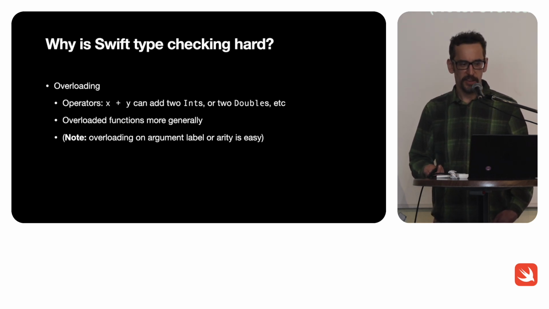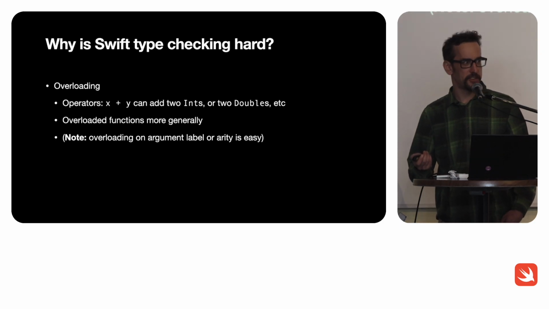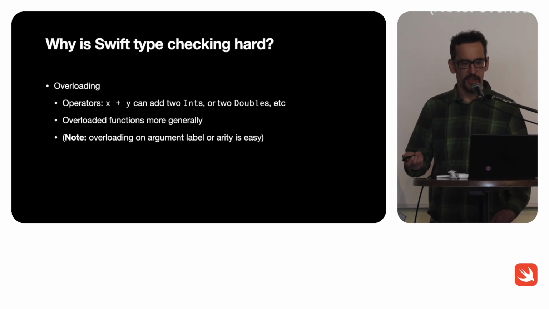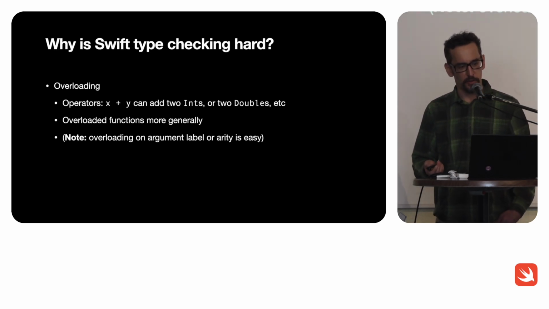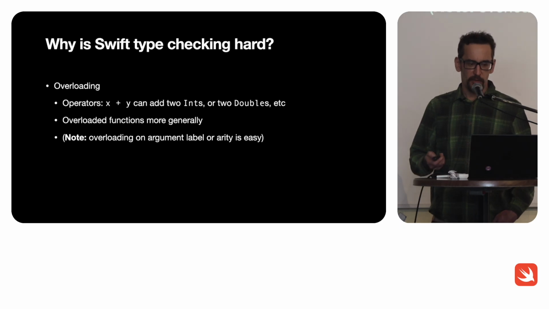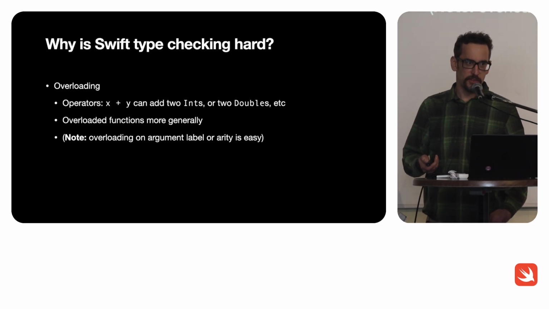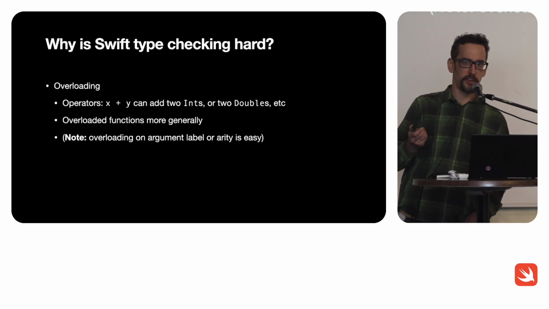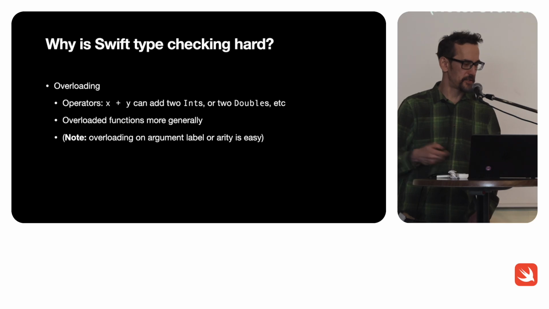For example, I can use operators like plus to add integers and doubles. I don't have to invent a new operator just for floating point math. More generally, I can overload functions, so I can give the same name to related operations. And just a quick aside, this does not apply to overloading argument labels or arity. That is trivial.